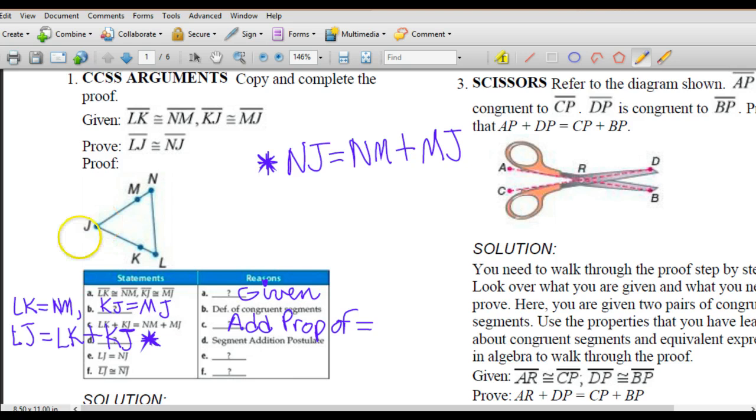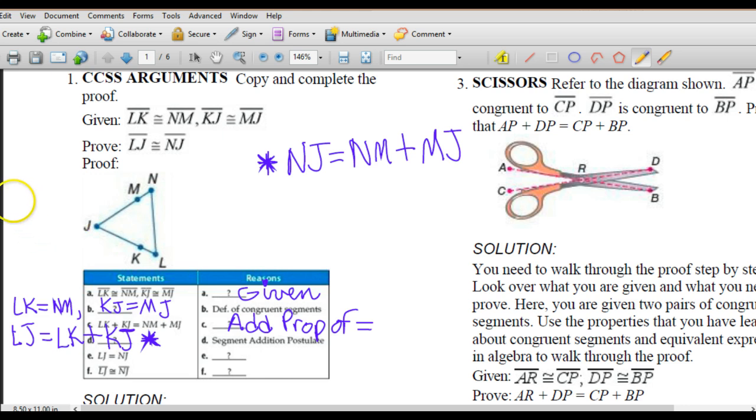Then it goes on to say that LJ is equal to NJ, and that's through substitution. Now, for substitution to work here, we have that LJ is equal to NJ in this next step. Now, what did we substitute? We have LK plus KJ.